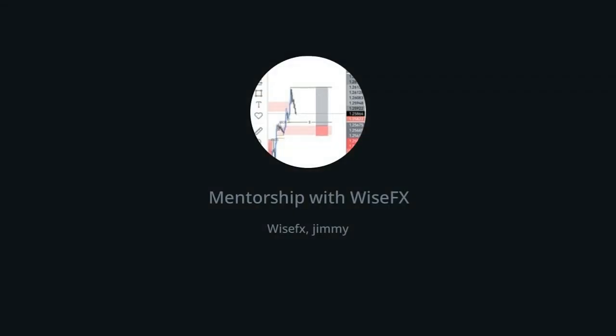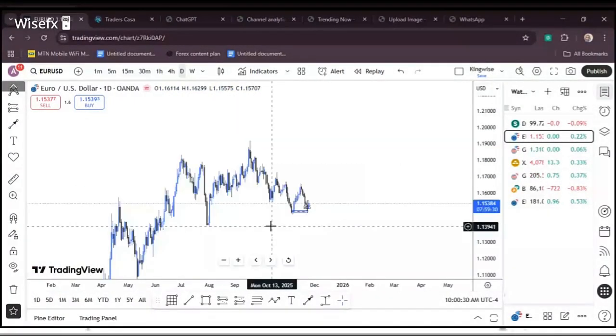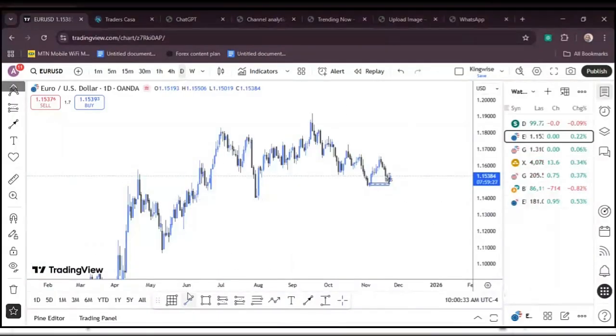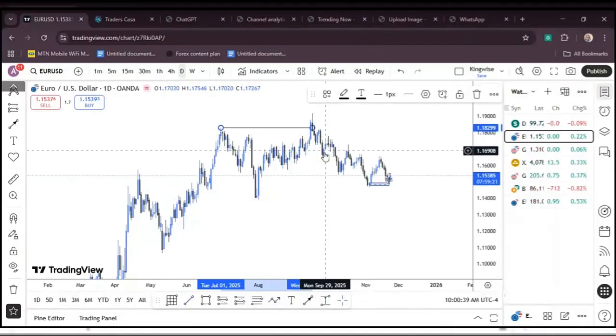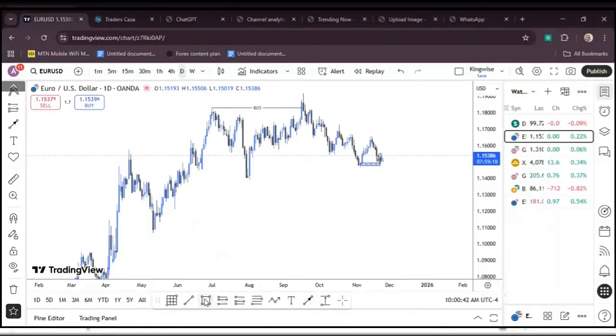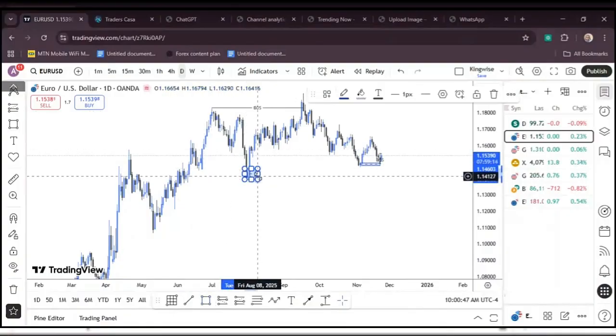But in the recent, this is the last break of structure that we have on the daily. And when you have a break of structure, the next thing you look for is your demand level, which is this.